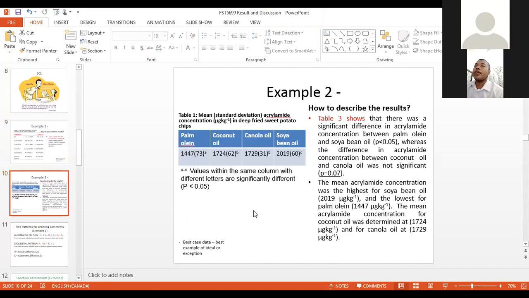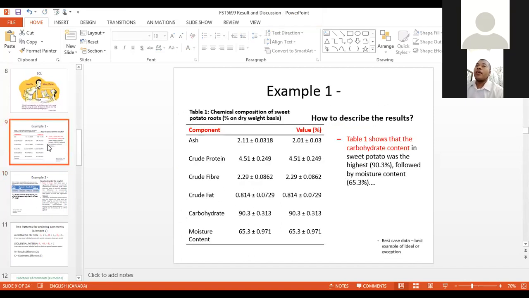Okay, this is another example. The mistake on this table is that the authors did not do the mean comparisons. So how do we know that 2 and 4 are different or not? For example, here you have ash 2%, protein 4%. Are protein and ash different?